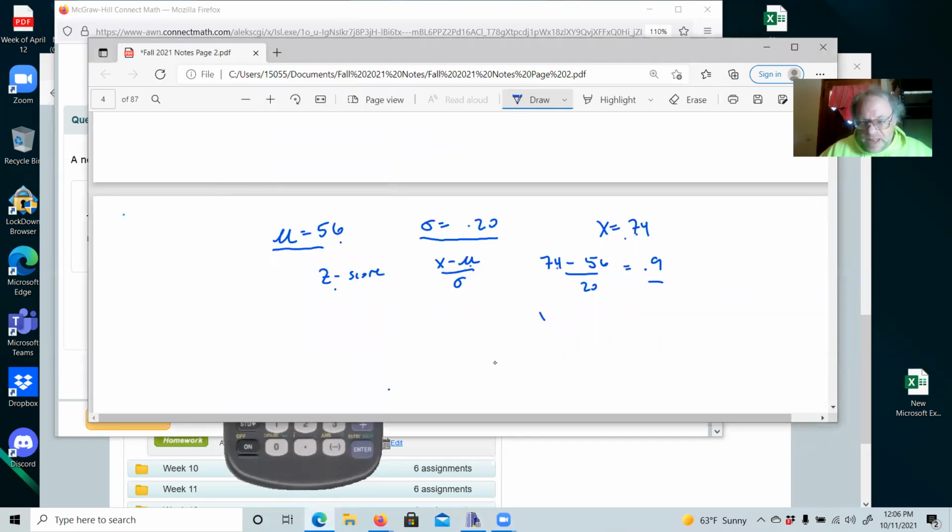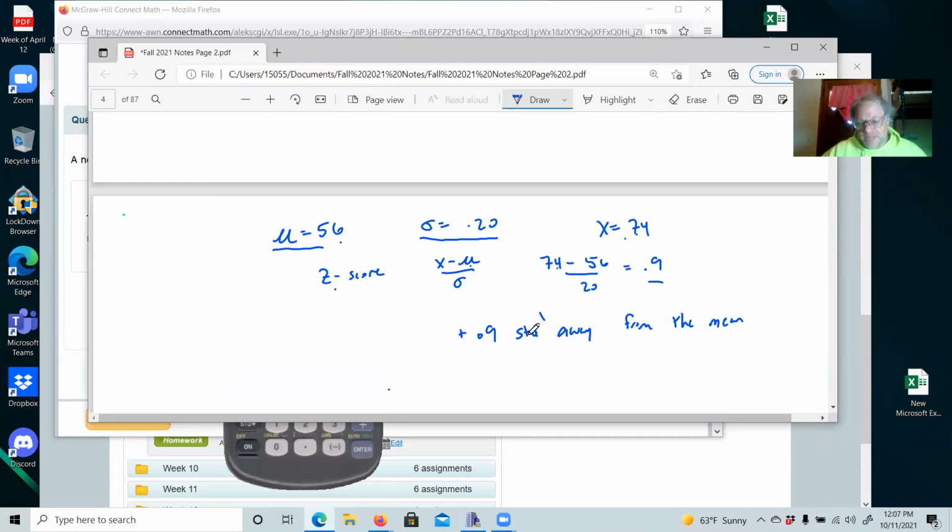So what this is saying, the standardized score, is that we are 0.9 standard deviations away from the mean. That's all z-score does. It just tells you how far away from the mean you are.